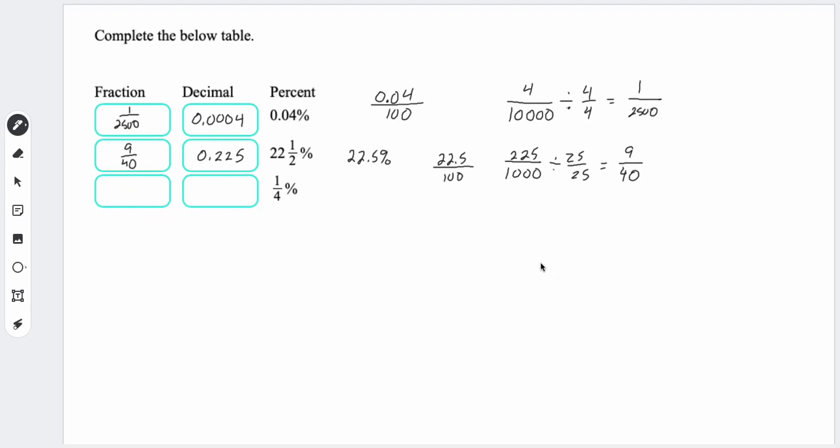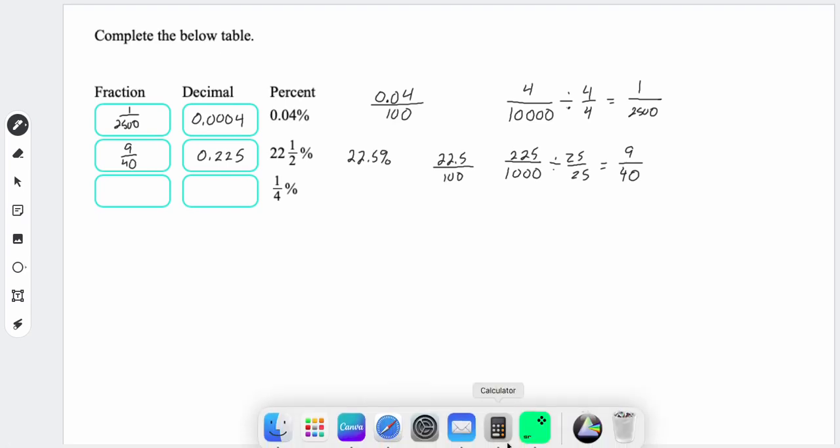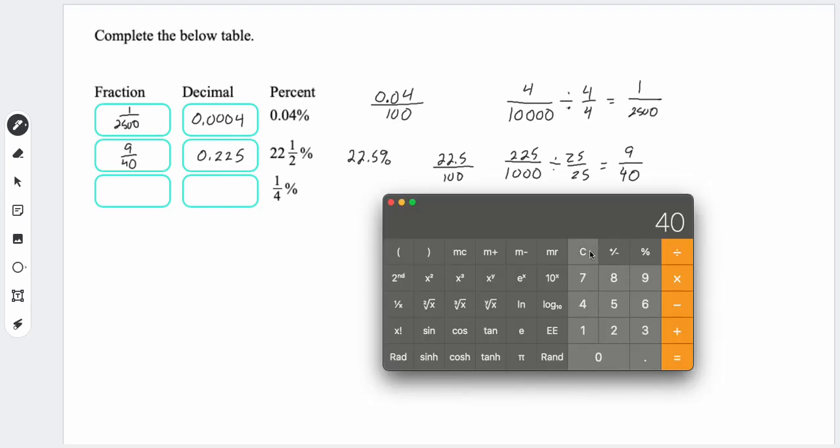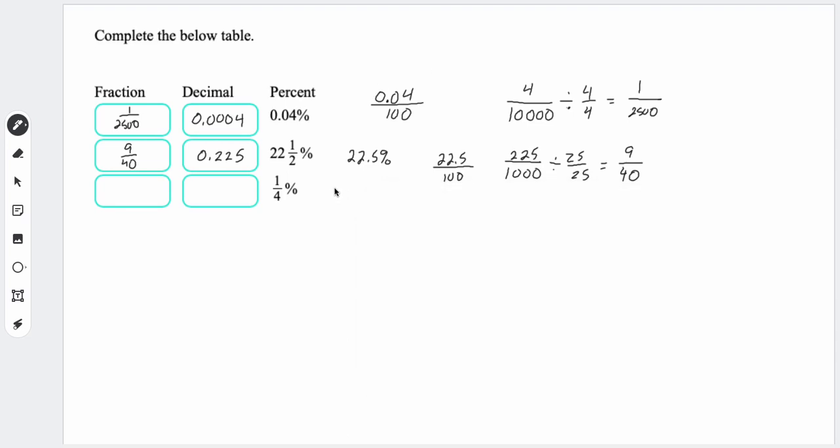Okay. Now we have 1 over 4%. So we've got to put that in a decimal first. So 1 divided by 4 is 0.25. So that's 0.25%, because all we did was divide the decimal. Now we're going to turn this into a fraction to represent the percent.